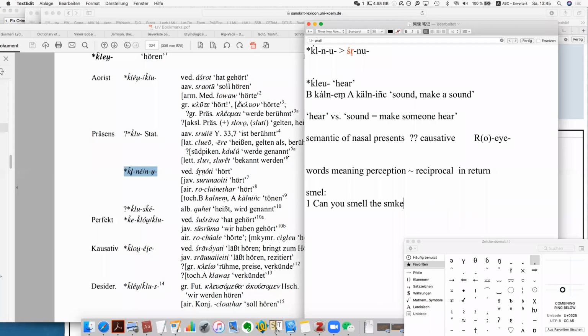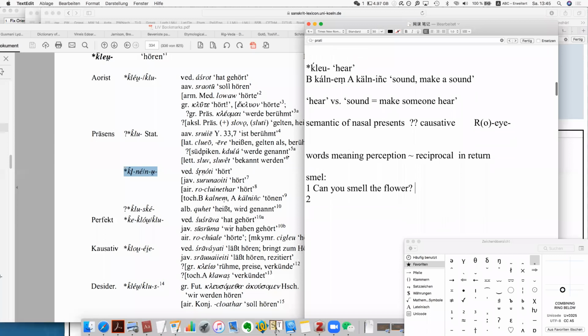Yeah. Or can you smell the flower? It means that you use your nose and you smell, and then you find and you perceive and you know that the flower is there, right?